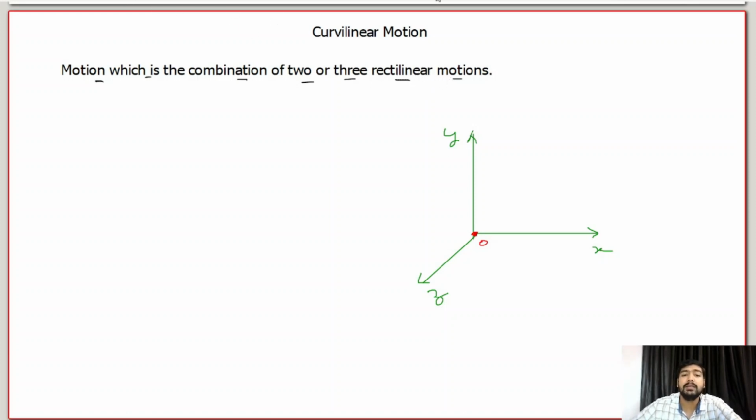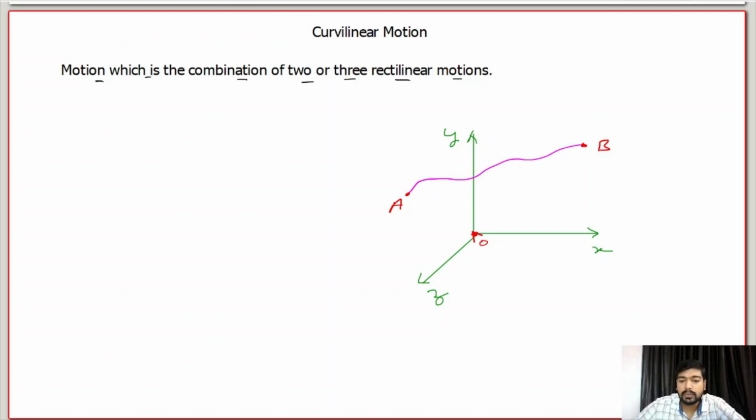Suppose, let's take an example. Suppose a body is having this kind of motion in space. Let's consider this is a 3-dimensional motion. So what has the body done? The body has displaced from this point A to this point B. So how will we handle this?